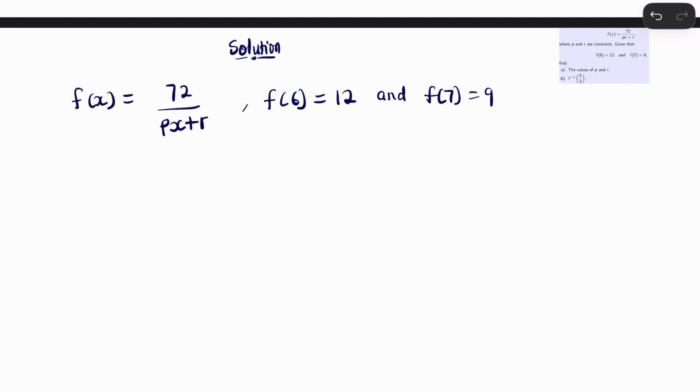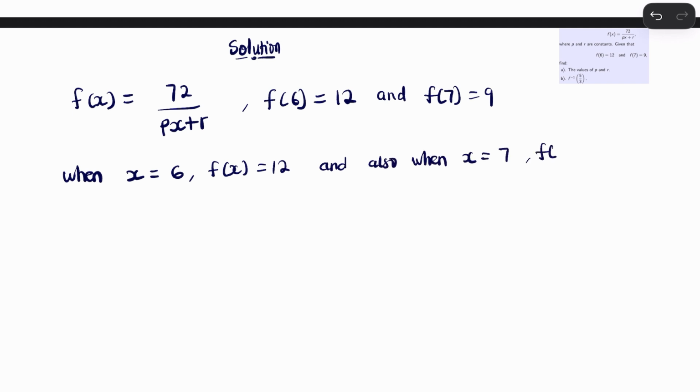So first of all, when x is equal to 6, the function value is equal to 12. And also, when x is equal to 7, we have f of x is equal to 9. So now let's take the first one. We are going to substitute in 6 in place of x. Then we set our right hand side to be equal to 12.